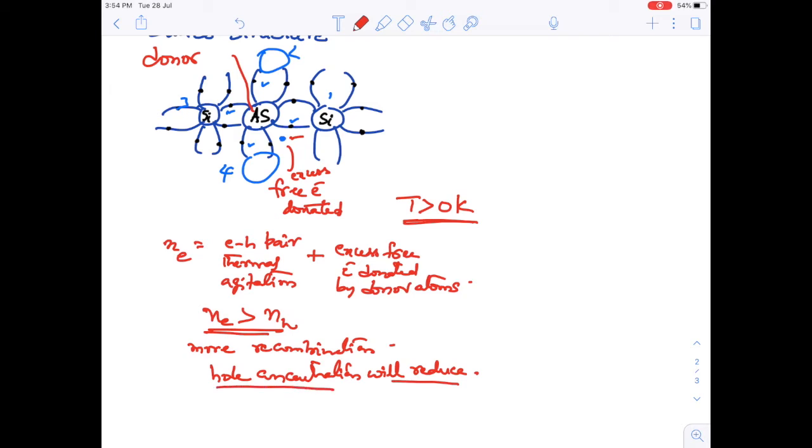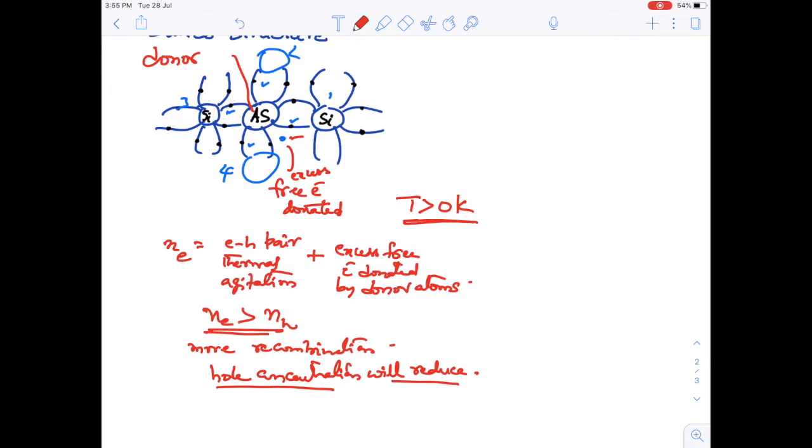So, that is hole concentration. What does that mean? This means the dopant reduces the intrinsic concentration of minority carriers by recombination. Recombination increases the electron-hole pair recombination.